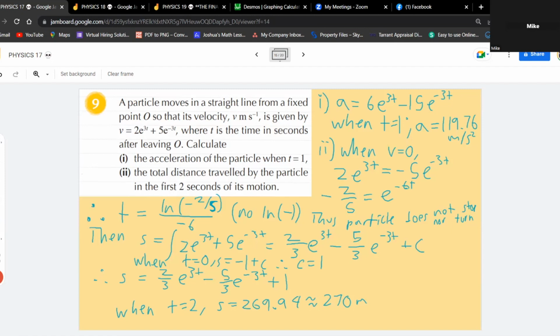Negative 2, 6. Okay. So C is equal to 1.